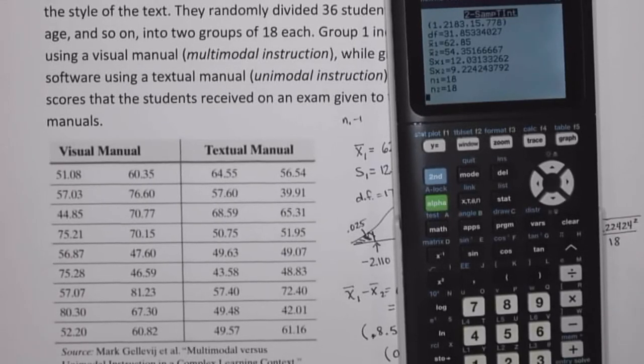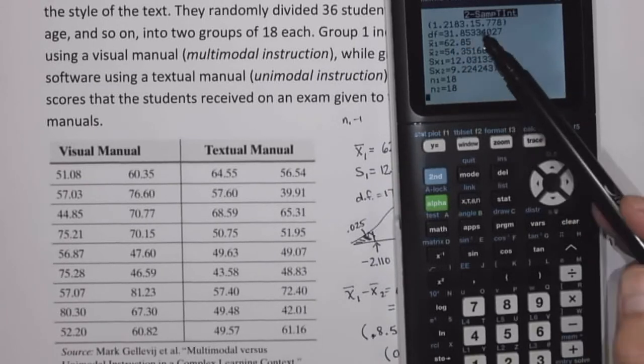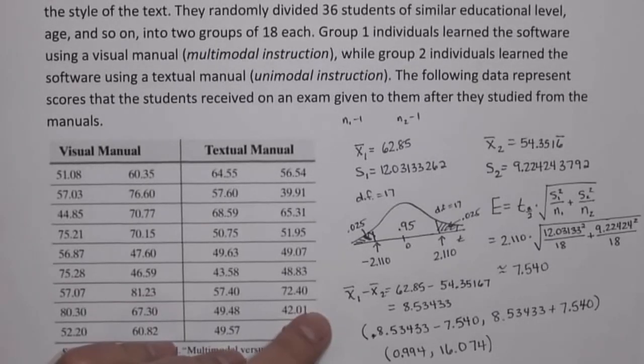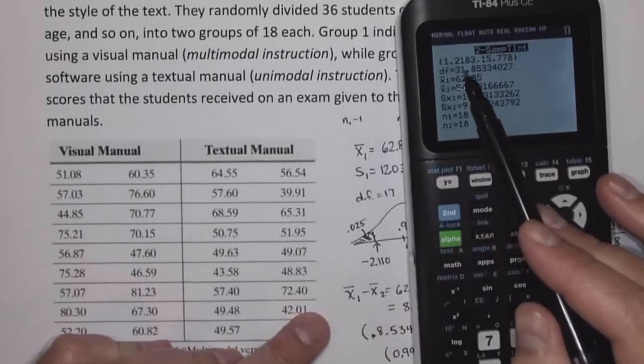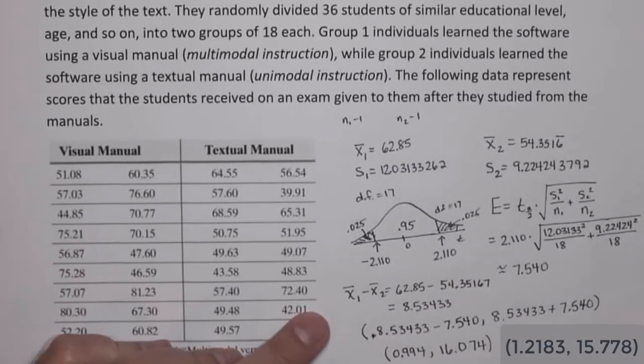Now, when I calculate this with my calculator, I get a different result than what we got when we did it by hand. When we did it by hand, we got 0.994 to 16.074. With my calculator, I'm getting 1.2183 to 15.778. So what's up with the difference?